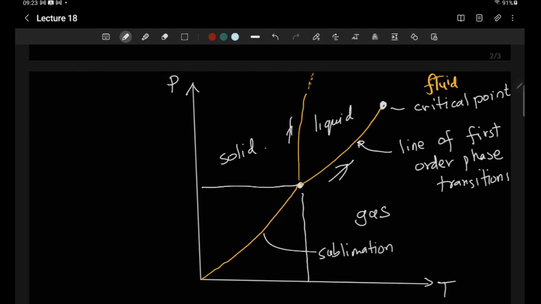Is it correct to call it the sublimation curve? I'll call it that. Again, that will be a set of first order transitions. But this central point, which I have marked here, what is this point called?